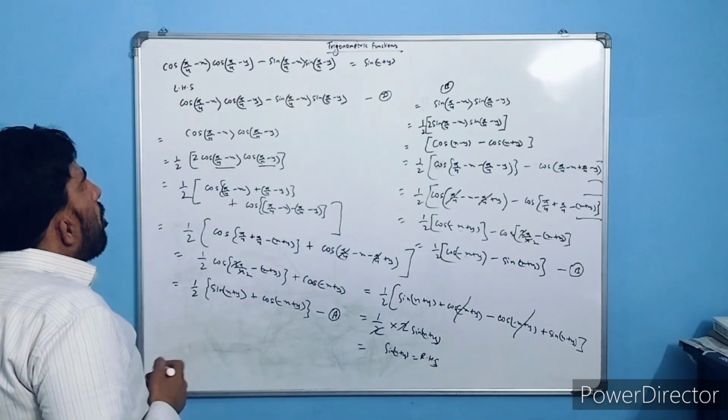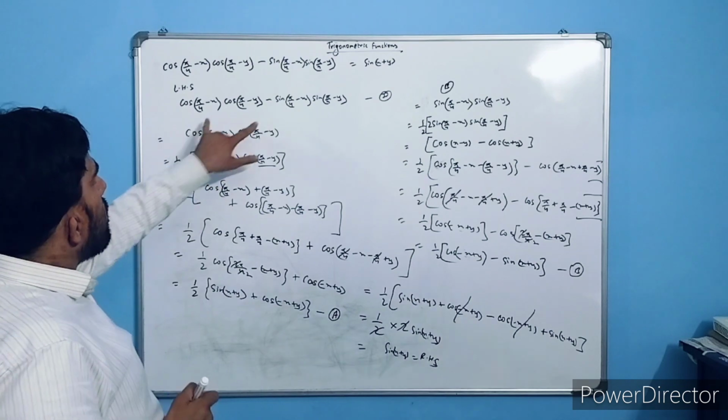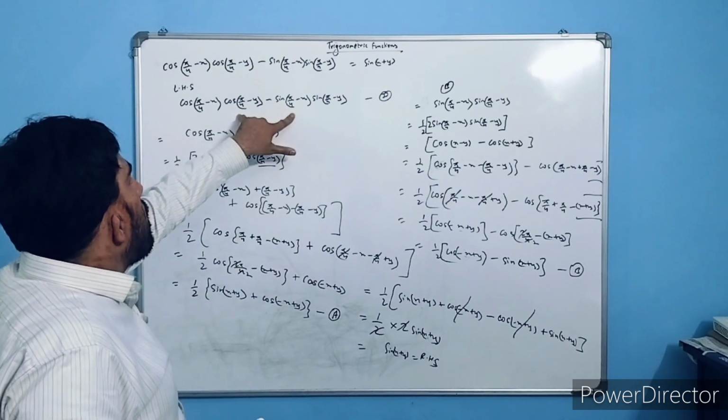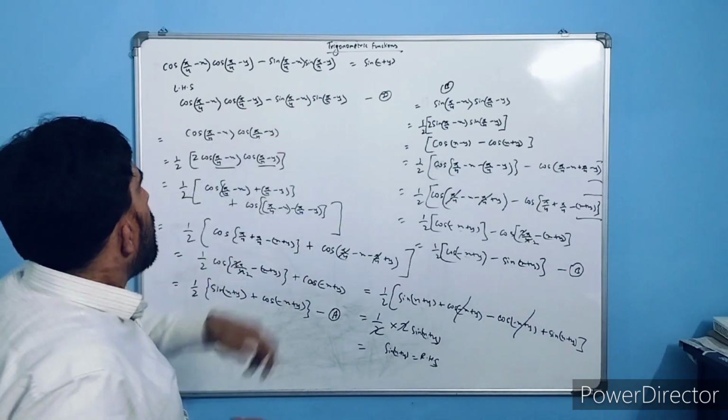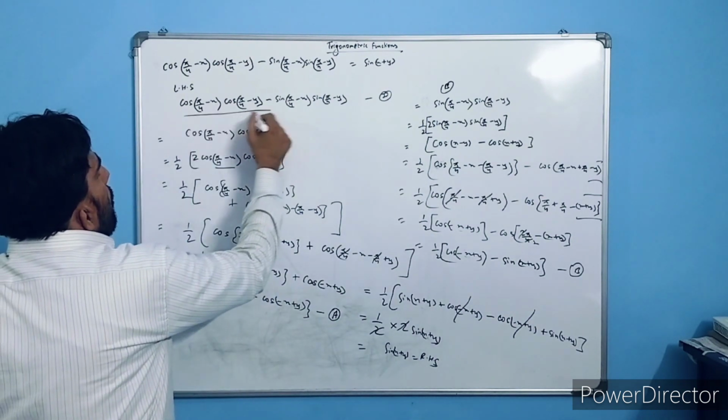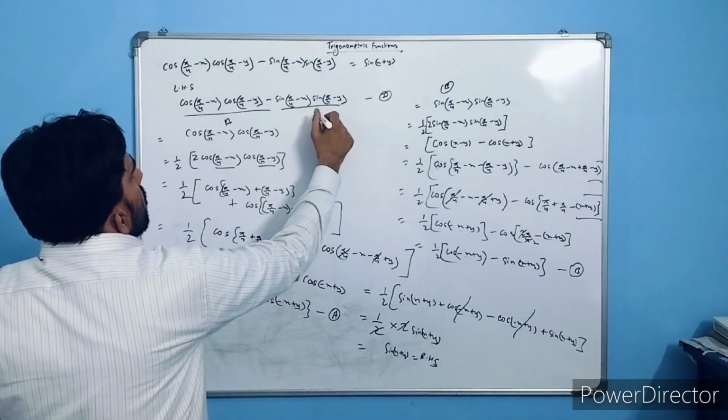Okay, so we can see here that I have divided this one numerical in the LHS into two parts, A part and B part. So this A part I have solved first, then B part I have solved.